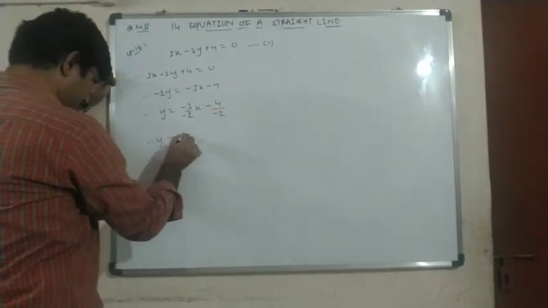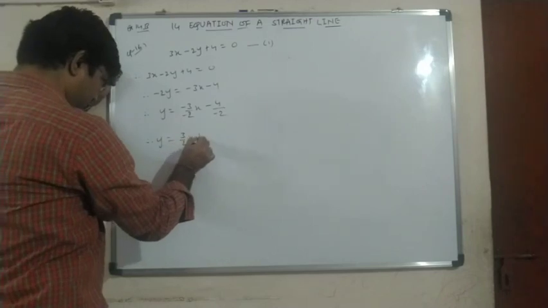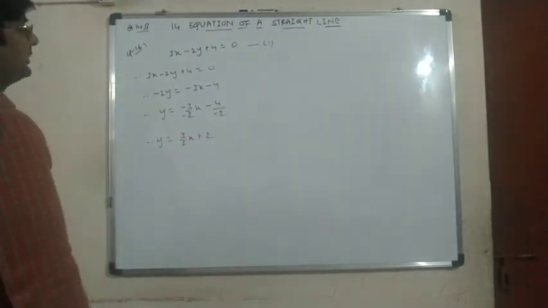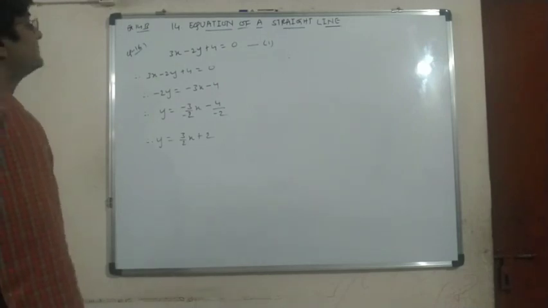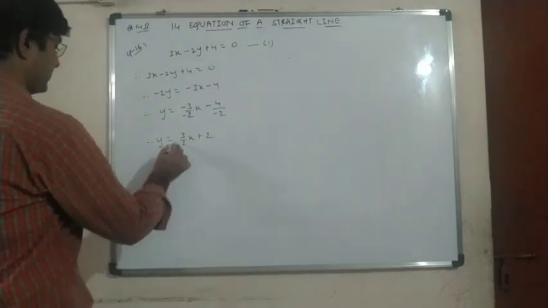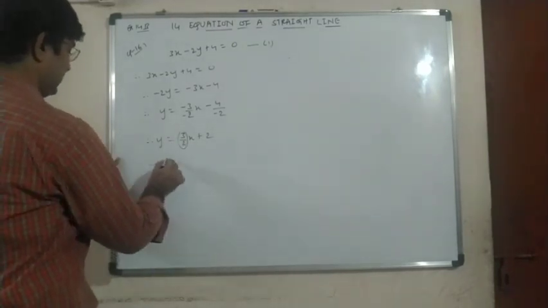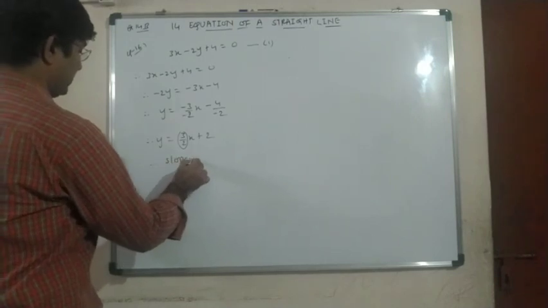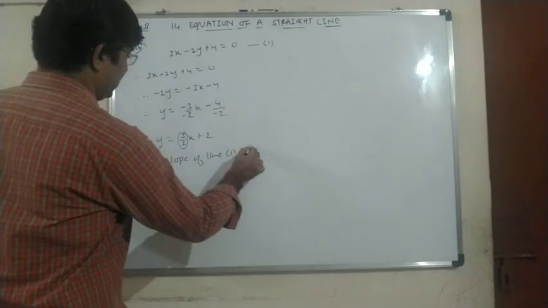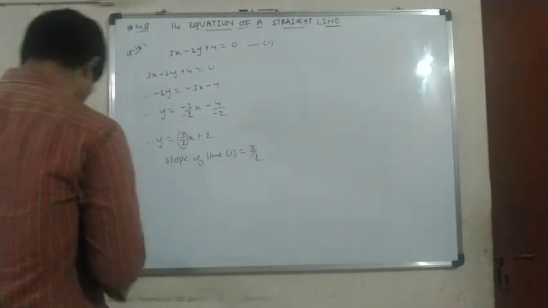Therefore, y is equal to 3 upon 2x plus 2, since minus minus will be plus. So we got the slope of the given line, therefore slope of line 1 will be equal to 3 upon 2.